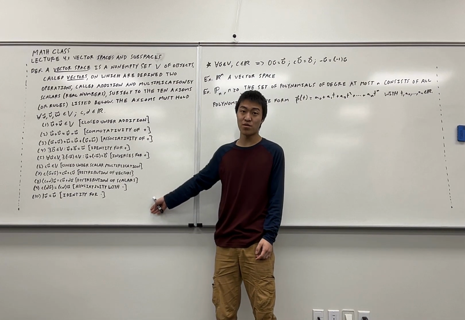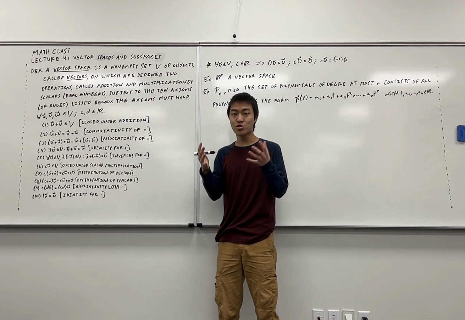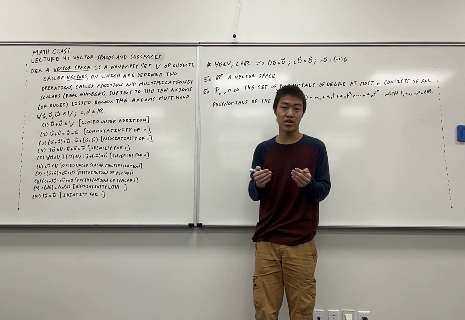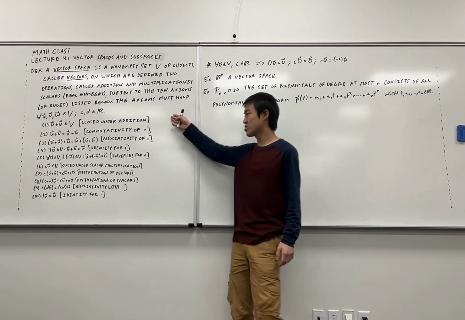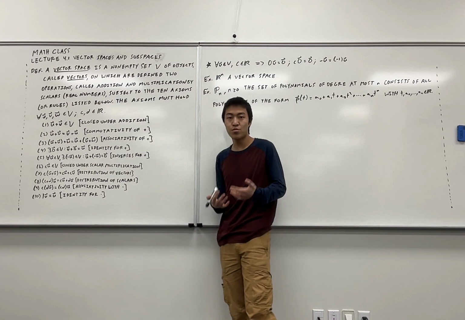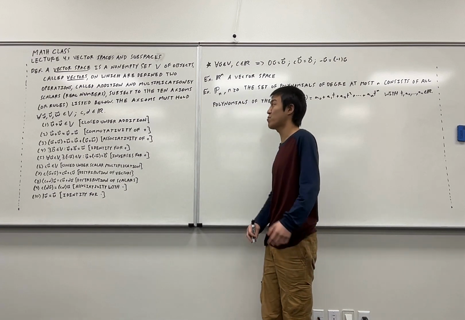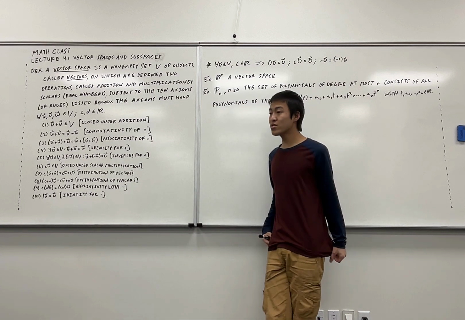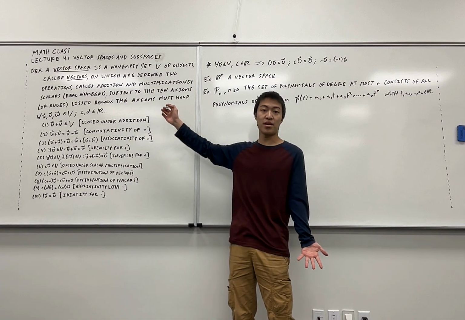So 10 axioms. That's a lot of properties. When we're talking about vector spaces, we're talking about highly structured mathematical objects that basically give us the rules for what we often consider to be the intuitive stuff in mathematics. All of the math you've ever done up until this point, whether you realize it or not, has essentially just been operating within a vector space.